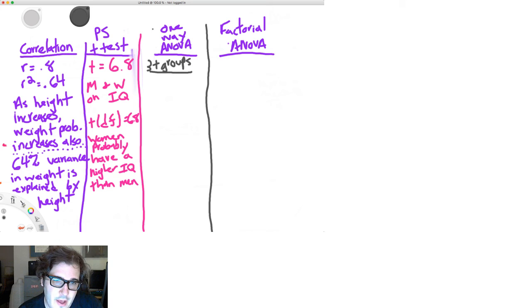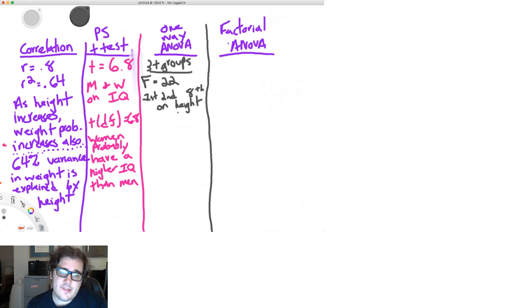Let's say you get an F value, and it's 22, some big F value, and you're testing height in 1st grade, 2nd grade, 8th grade, like earlier. So here you would do your F test.